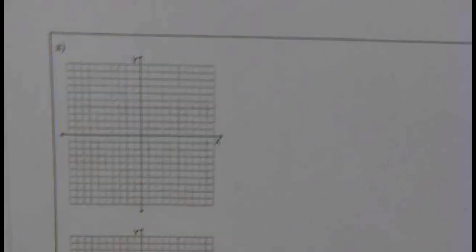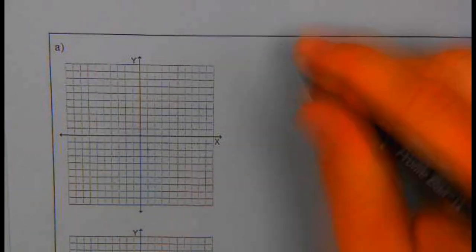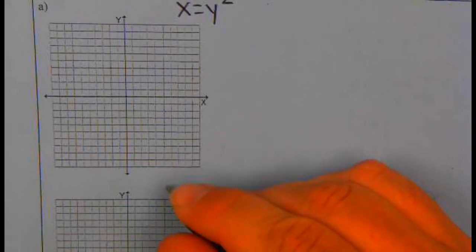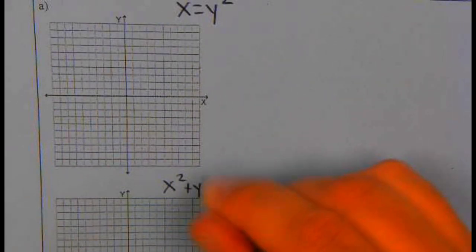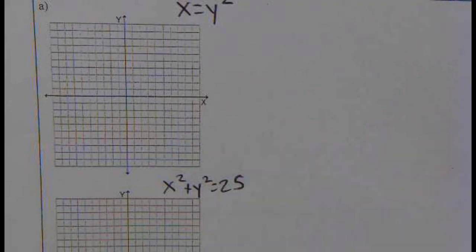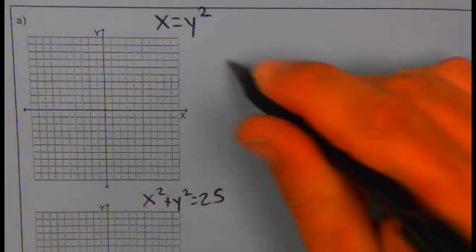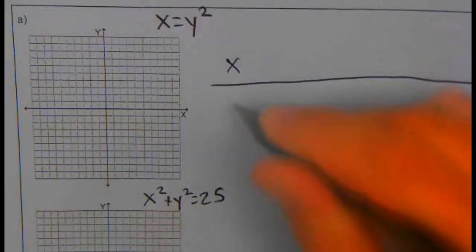Okay, so your first task then is to, we'll call this one x equals y squared. And on the bottom here, this one will be x squared plus y squared equals 25. But your task here for these two graphs is to make the table so that you can make a graph.